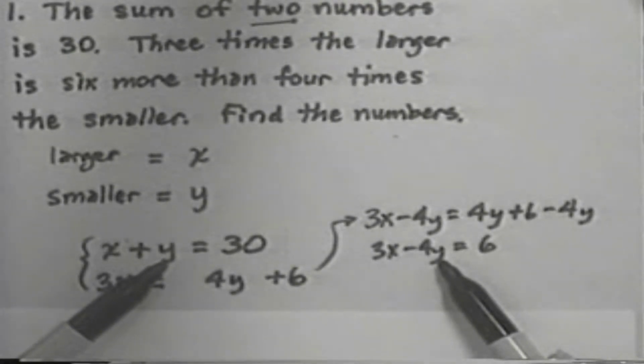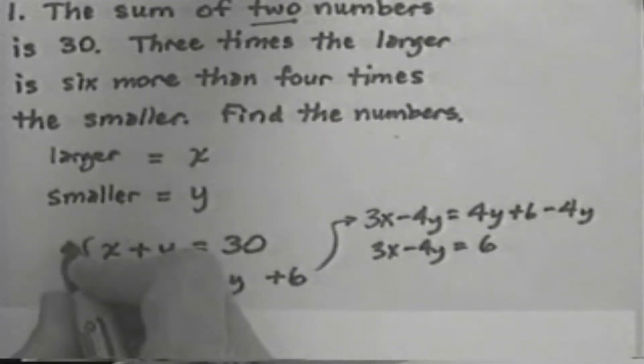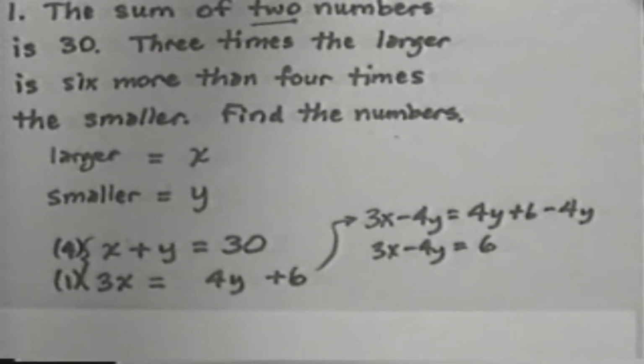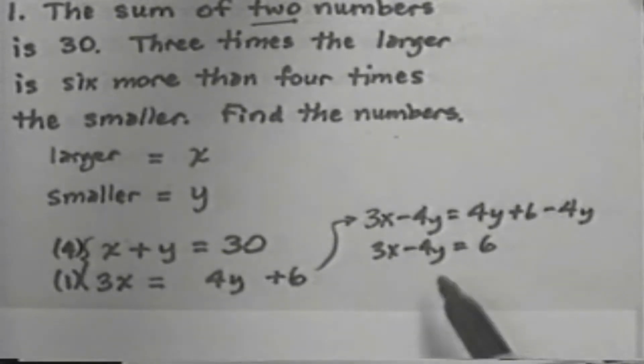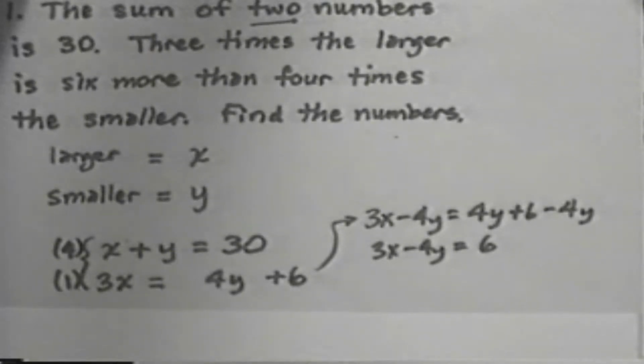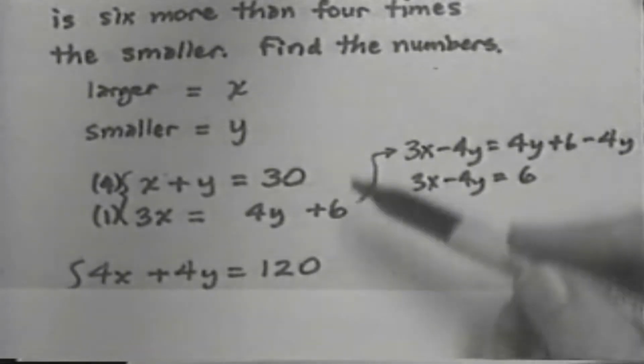And so, in my system of equations, I'll multiply the first equation by 4, the second equation by 1, and write the second equation in the new order that I've come up with, 3x minus 4y equals 6.